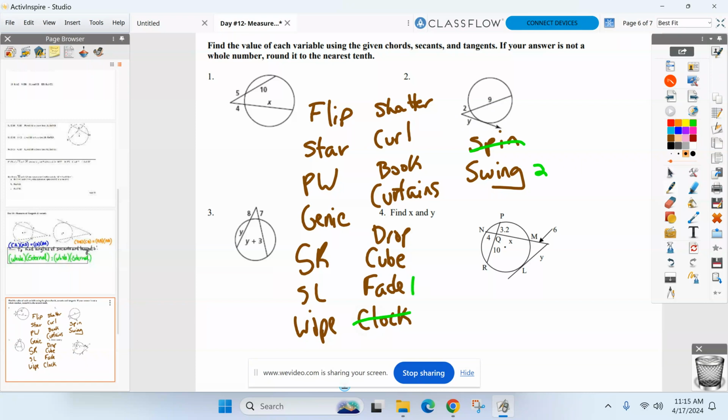Cubes. Drop. Curtains. Book. Curl. Shatter. Wipe. Left. Right. Genie. Pinwheel. Star. Flip.